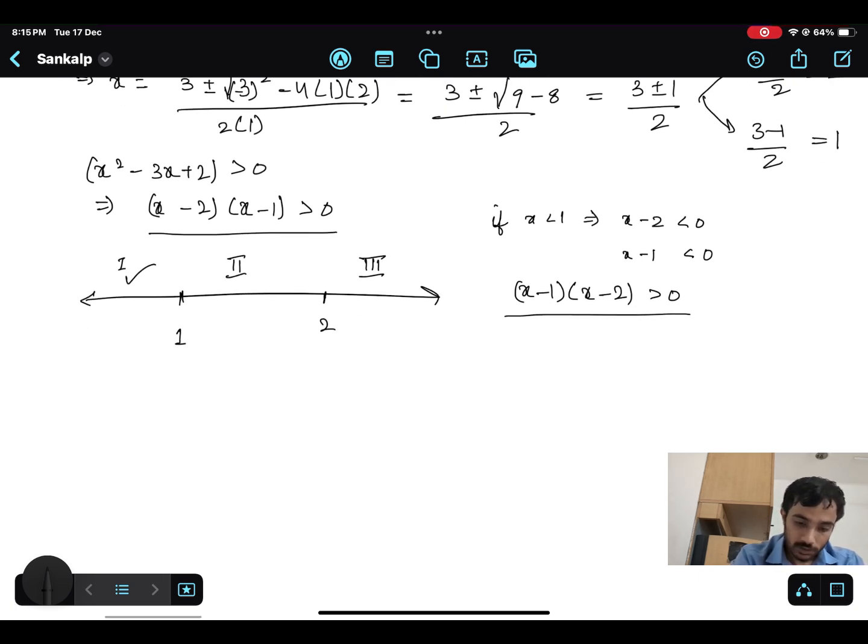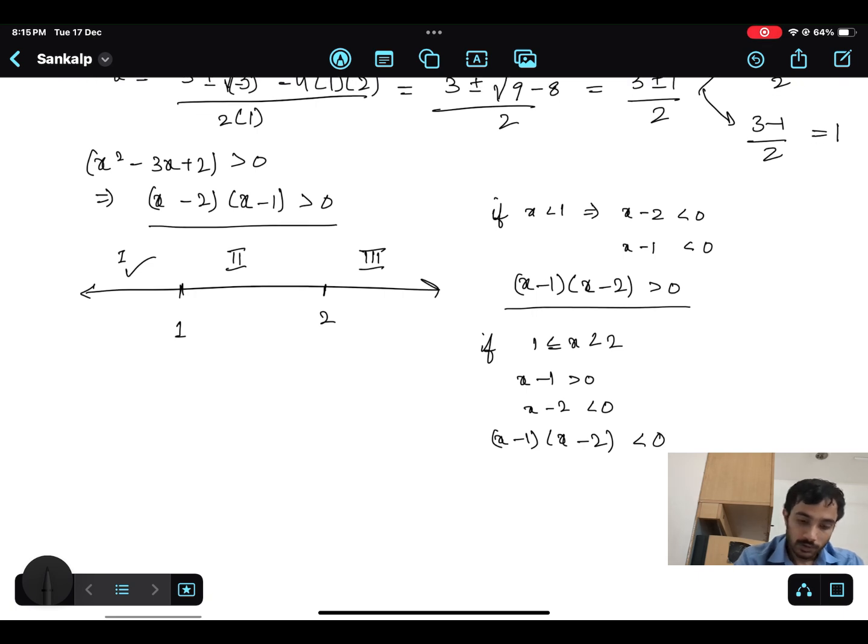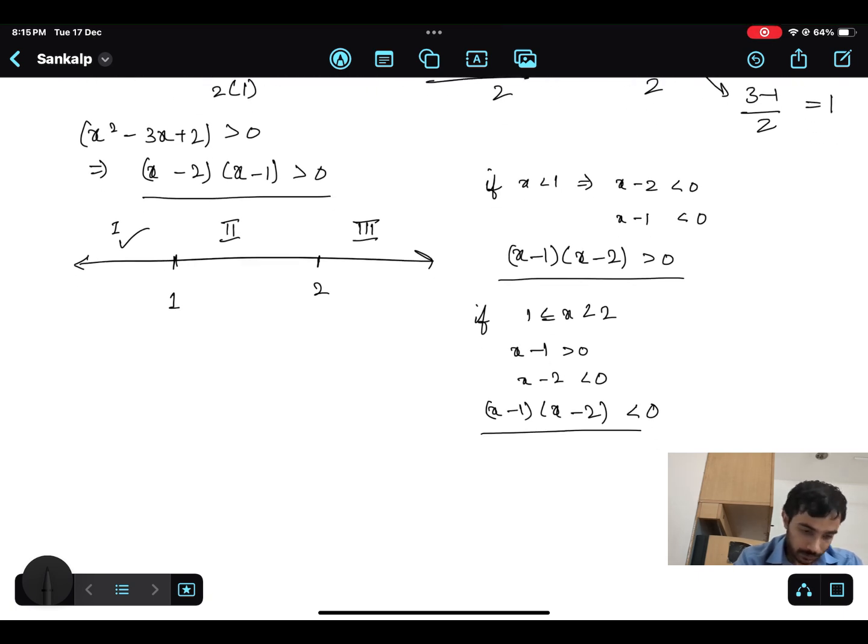If we see region 2, if 1 is less than or equal to x less than 2, then x minus 1 will be greater than 0 and x minus 2 will be less than 0. And if we multiply the terms x minus 1 and x minus 2, our overall expression will be negative. So this doesn't hold. So our x doesn't lie in region 2.